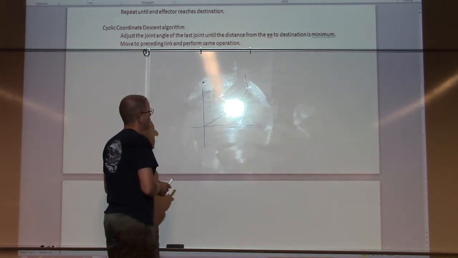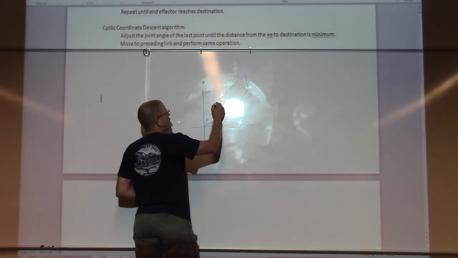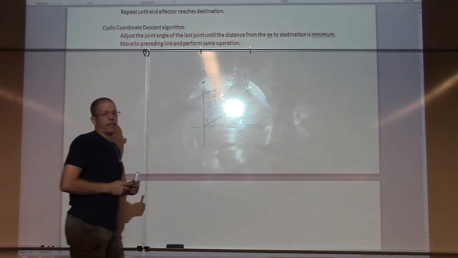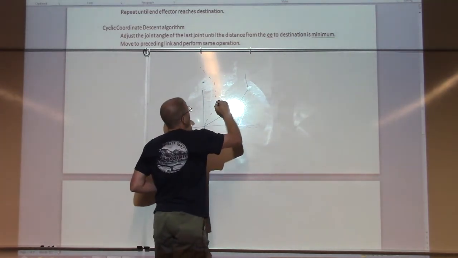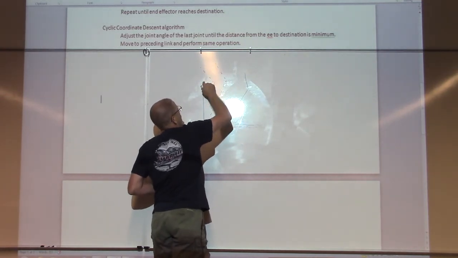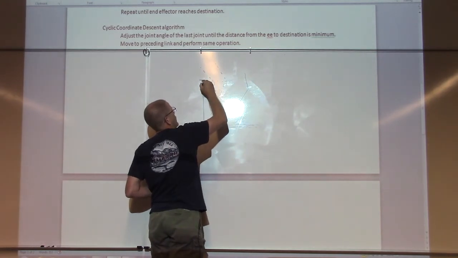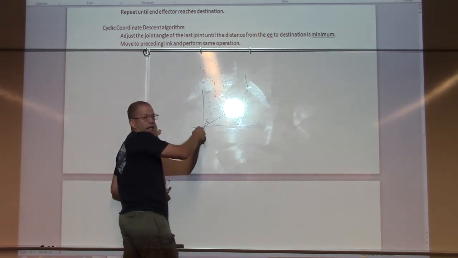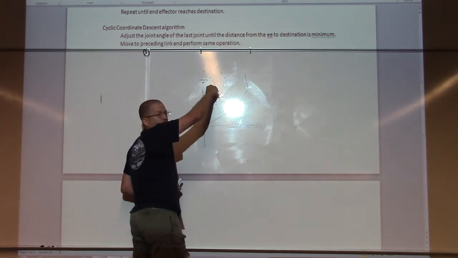So if we adjust the first link, we might end up with something like this. And then subsequently from there, we might end up with something like that, and then subsequently something like this, and then we're going to have to go back and adjust that base link again in order to refine each of the joints.